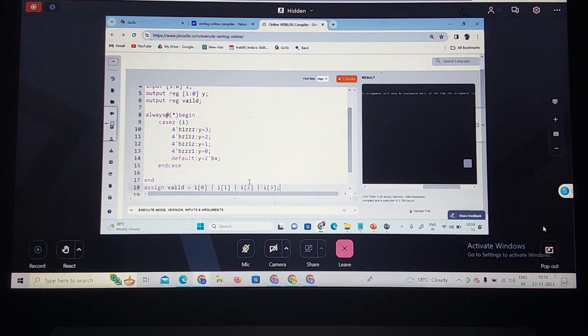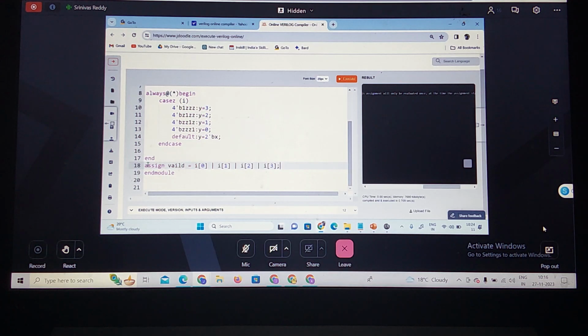So how will always be executed? It is loop-like fashion. The left hand side of always should be what data type? Reg data type. Correct? Even though I am declaring this as a reg data type, it is a continuous assignment statement. Correct? I should put this outside.